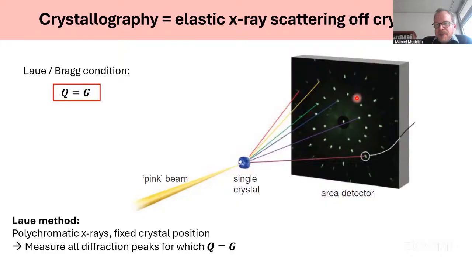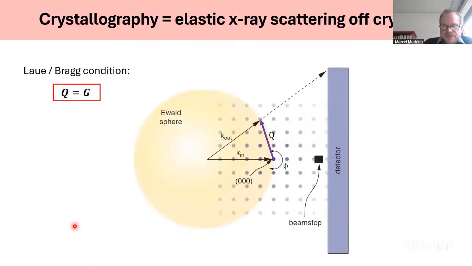So if we want to get this diffraction pattern that shows many constructive interference beams, this is recorded using the so-called Laue method. In this case it's not a monochromatic beam, but a polychromatic X-ray beam, such that not only the angle is probed, but also many different lengths of the incident k vector are probed at the same time.